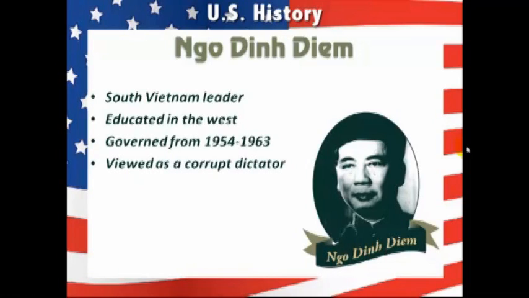Now, oftentimes during the course of the Cold War, the United States supported repressive regimes as long as they were favorable to the West, and that was the case here. He was anti-communist, so therefore he was our ally, but at the same time, he was known as being a very brutal dictator. And that ends up becoming a major liability for the United States.